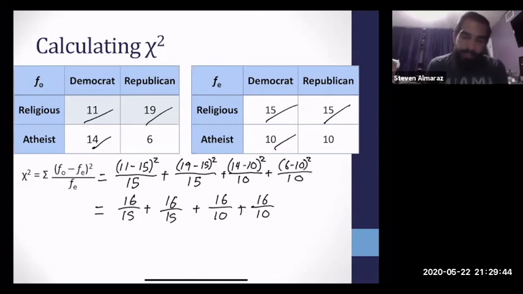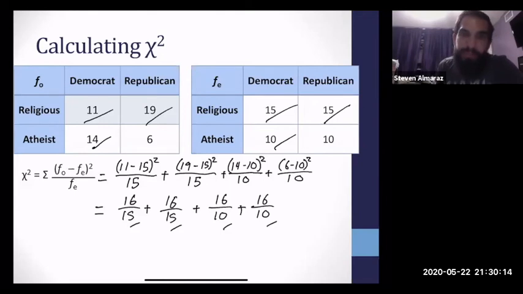Okay, so we're gonna have to add these together somehow. If you've got a calculator, you can do that. But the way we wanna do this is to find a lowest common denominator. It's been a while since I've done this kind of math, so let's see how good I am. I think 30 is a good common denominator for the bottom. We can multiply these by 2 and these by 3.